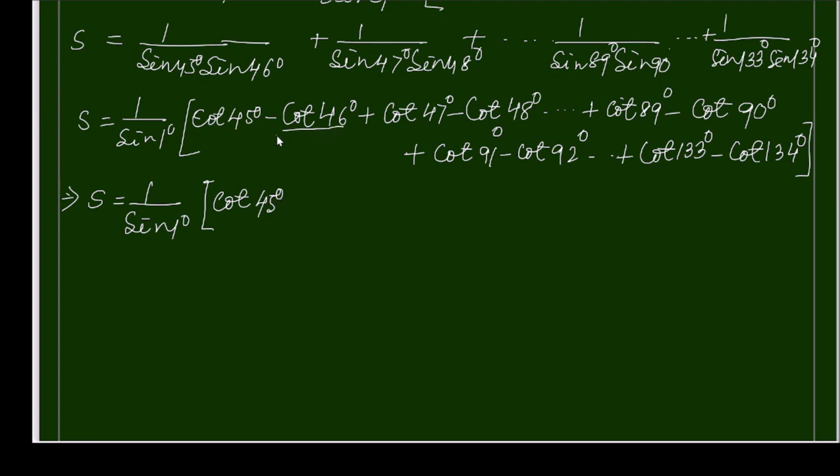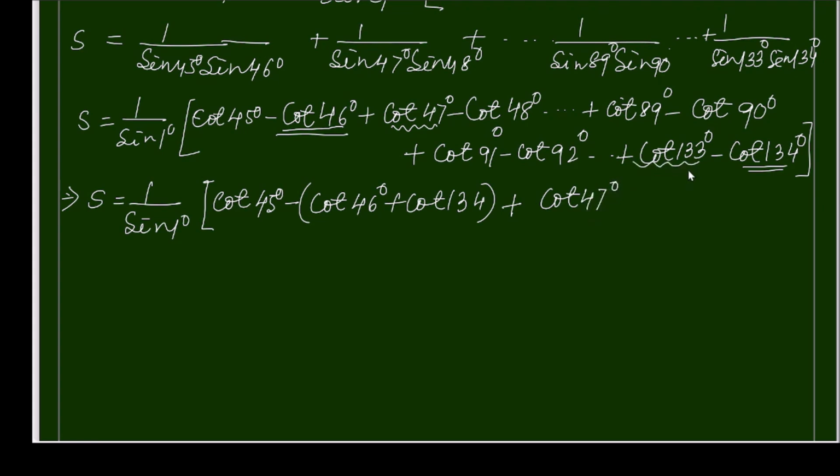The next term is cot 46, which I'll take together with cot 134, so taking the minus common, it will be cot 46 plus cot 134. Next, cot 47, I'll take with cot 133.